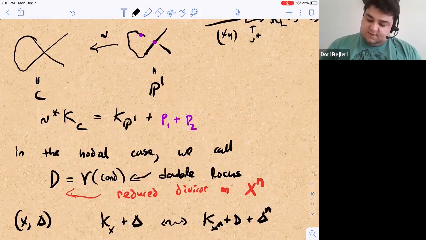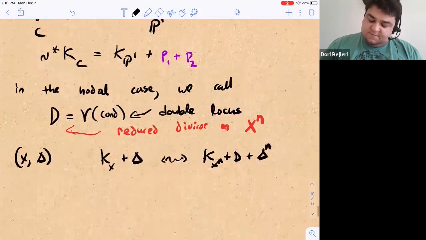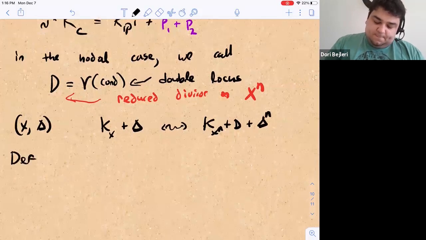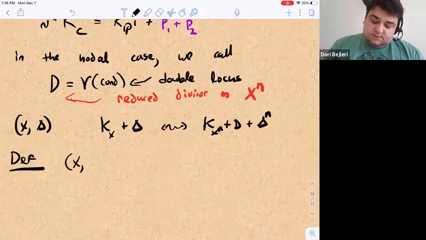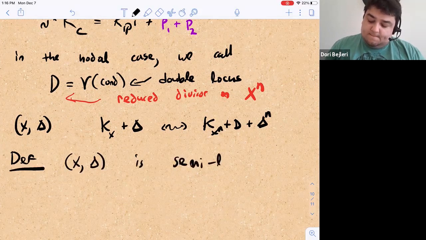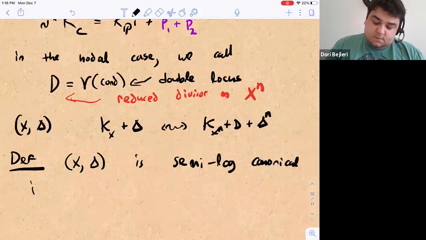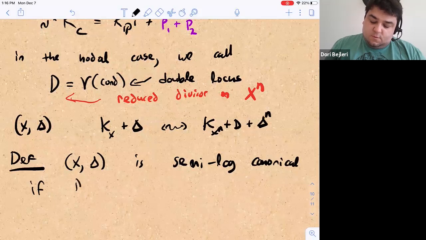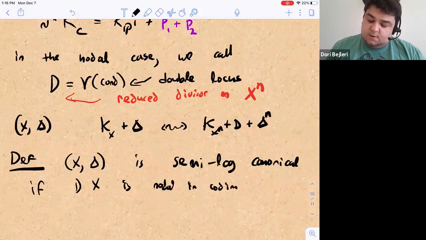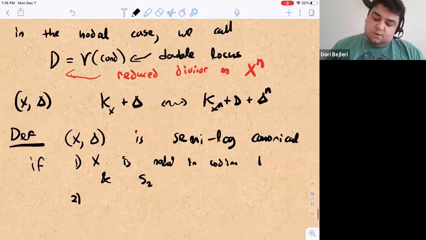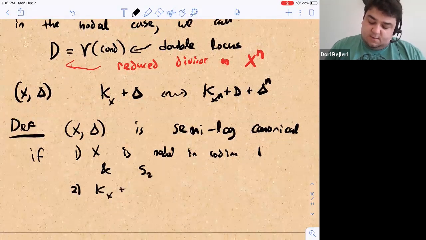And so now finally we can give our definition. X comma delta is semi-log canonical if: 1, x is nodal in codimension 1 and S2. 2, kx plus delta is Q-Cartier.